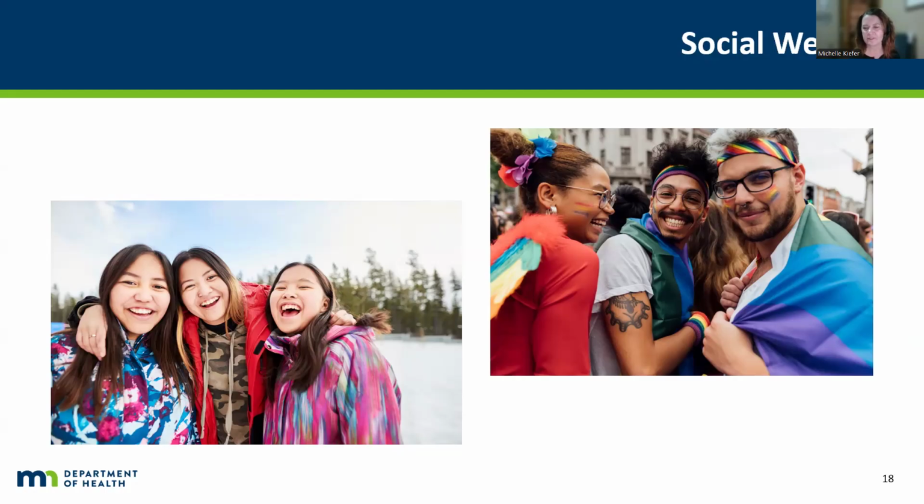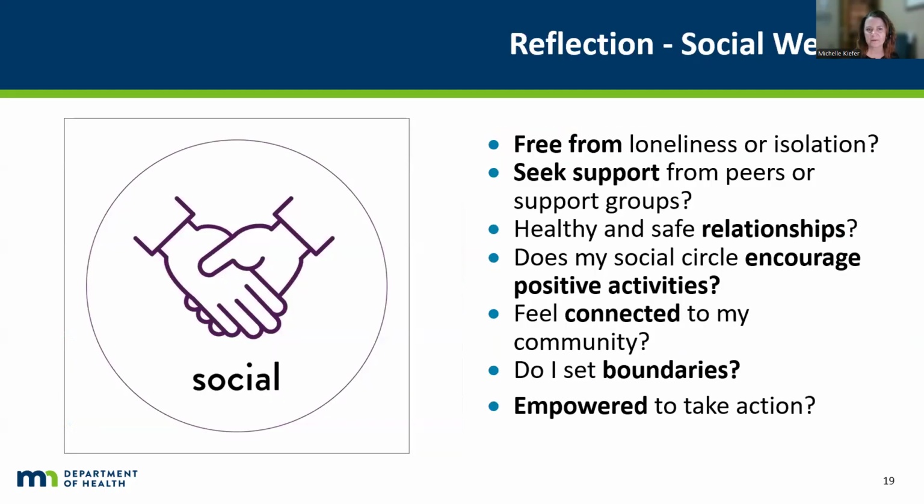Now, not all of us are extroverts, some of us are introverts, but at some level, we all need a sense of and the ability to socialize in whatever level that means to you. And in the next slide are some questions to think about to understand more about your social wellness.